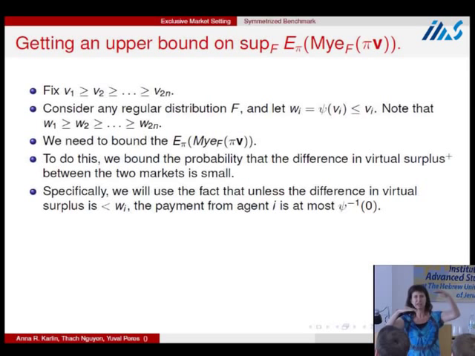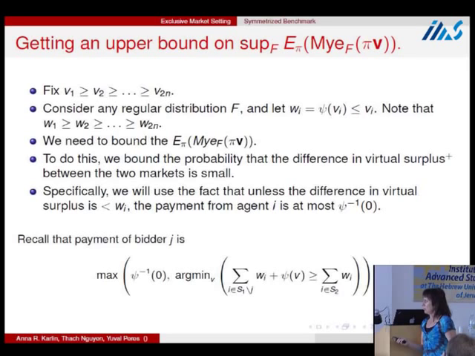So if this is the sum of the virtual values in one market, and this is the sum of the virtual values in the other market, if the difference is bigger than agent i's virtual value, then no matter how low he lowers his bid, we're never going to consider it when it's below 0, that market will still win. So the most he could lower his bid and still win is down to the inverse virtual value of 0.